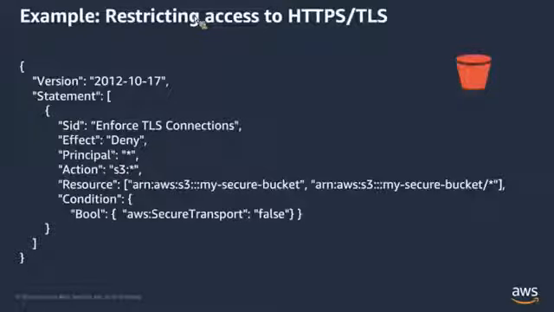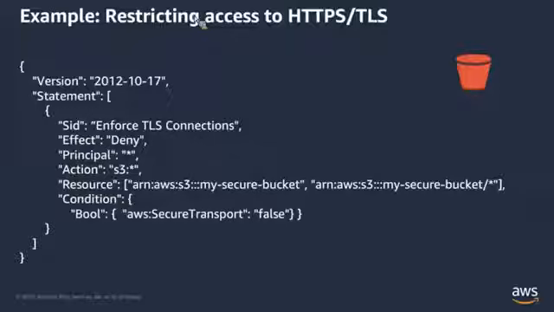So as promised, here is the example of a bucket policy to restrict access to only HTTPS and TLS. Let's go through it. We have a version again, the same date as always, and then our statement. We have a SID of EnforceTLSConnections, Effect: Deny, Principal: star, Action: s3:star, Resource: MySecureBucket and MySecureBucket/star.